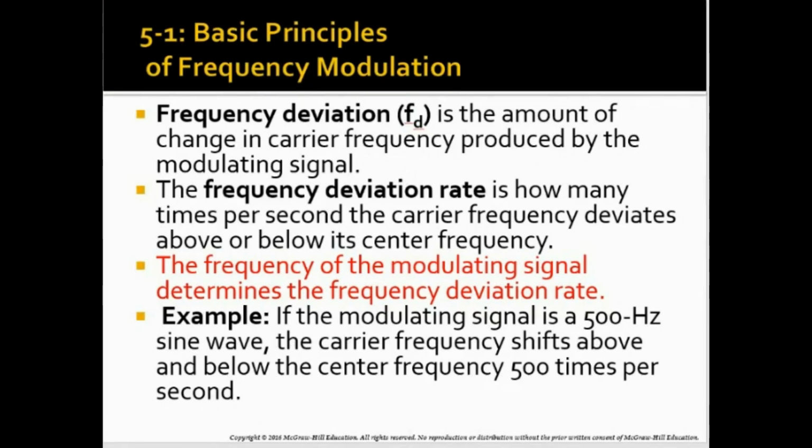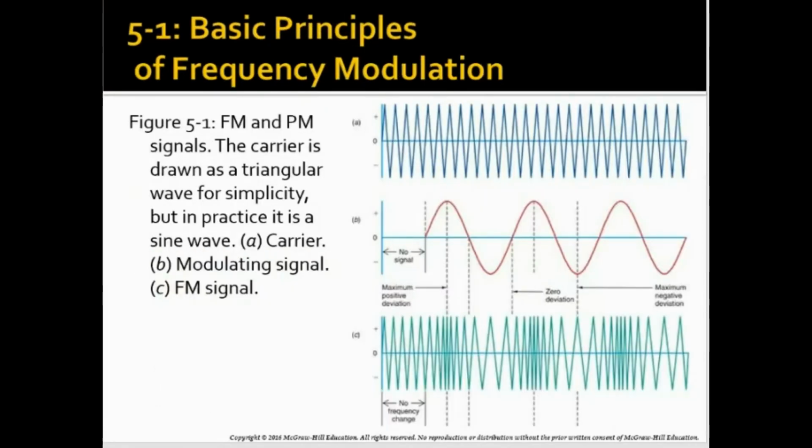So maybe this figure helps to understand better. The top figure is the carrier. It's shown in triangle form just for better understanding. You can see the carrier amplitude is constant. The frequency also is constant. That frequency is our carrier center frequency.